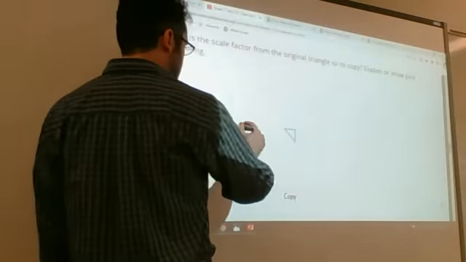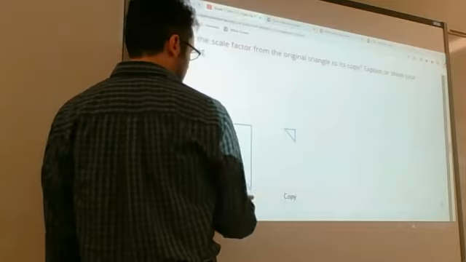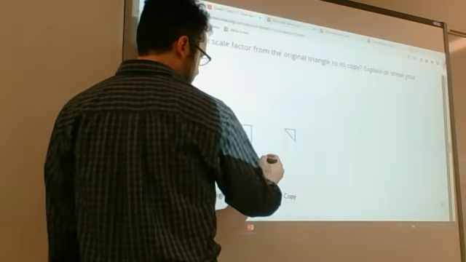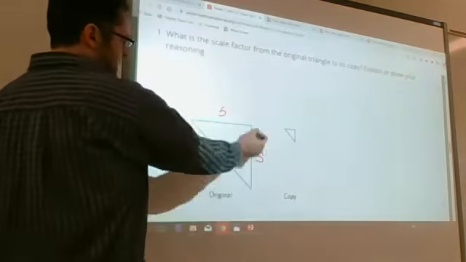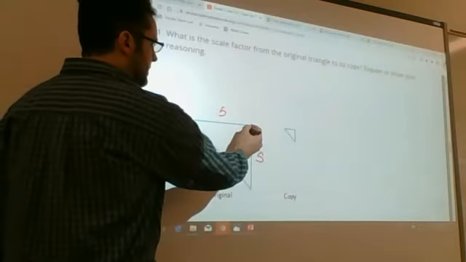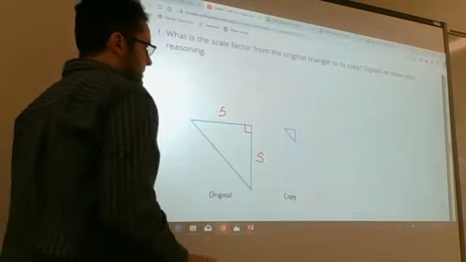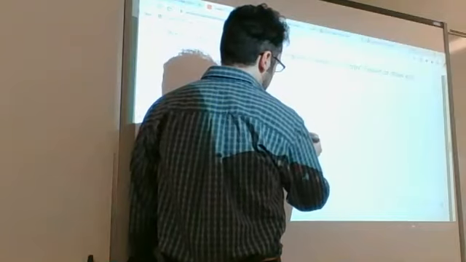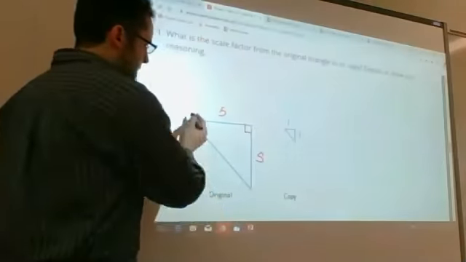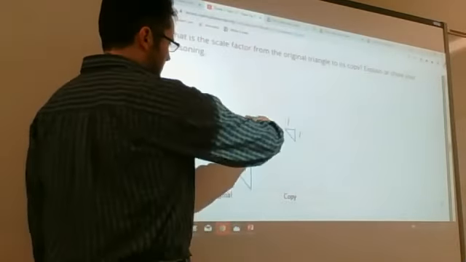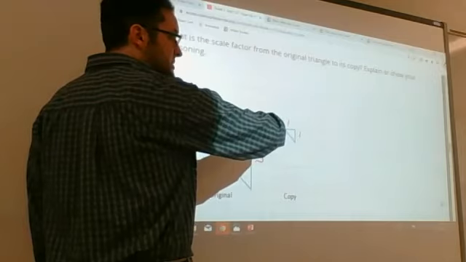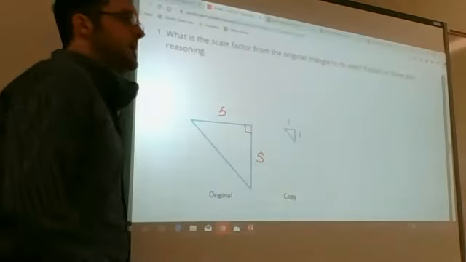So this right here is 5. And this is also 5. So this is a right triangle. And it's an isosceles right triangle because these are both the same length. And here, this is 1 and 1. And we don't need to do this length because if we get these two right on an isosceles right triangle, they'll just connect.